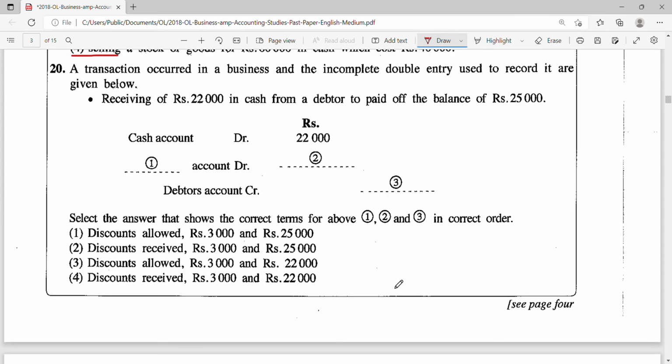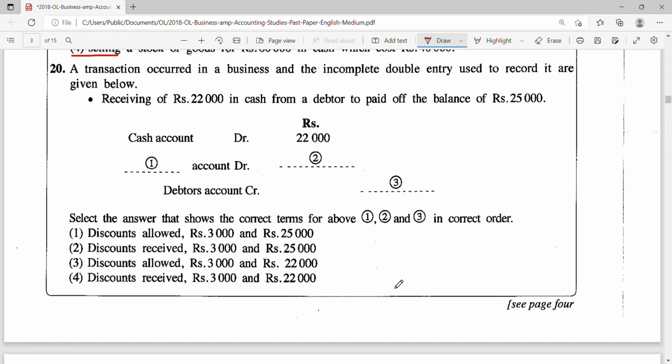Question 20. A transaction occurred in a business and the incomplete double entry used to record it is given below. Receiving of rupees 22,000 in cash from a debtor to pay off the balance of rupees 25,000. Now the debtor owes you 25,000 but you have received 22 in cash from the debtor to pay off that entire balance, which means there is a 3,000 short.